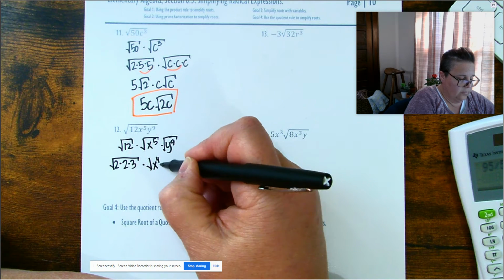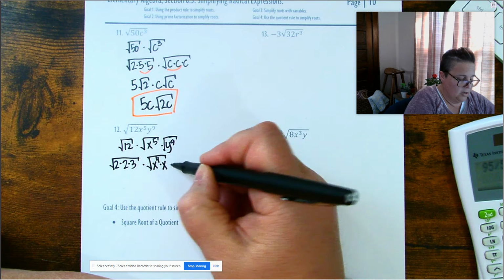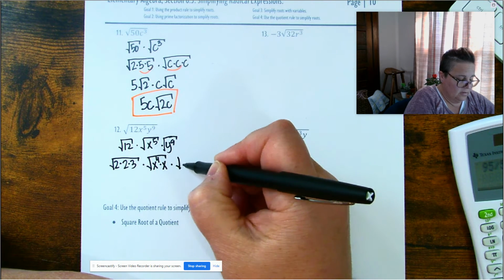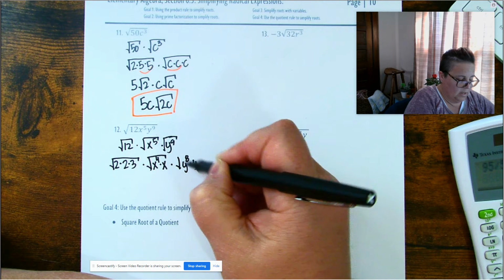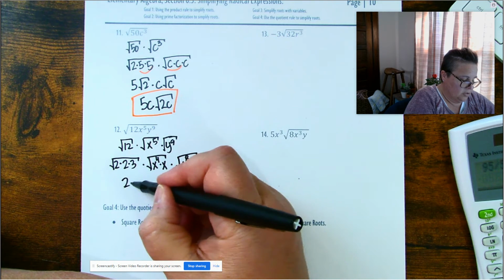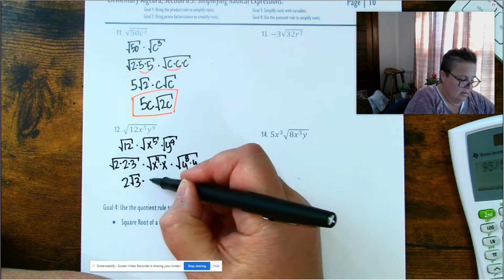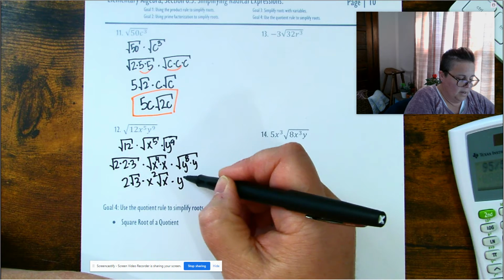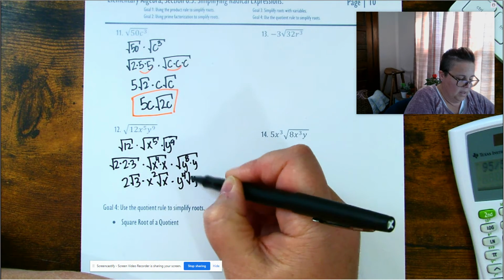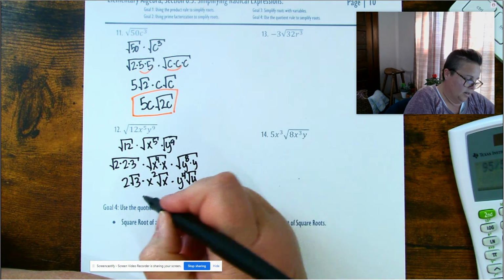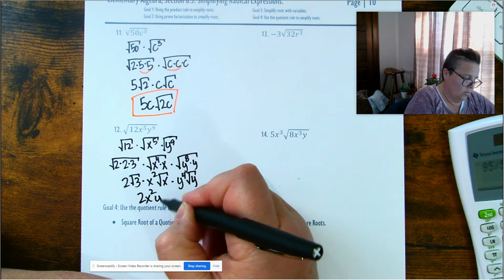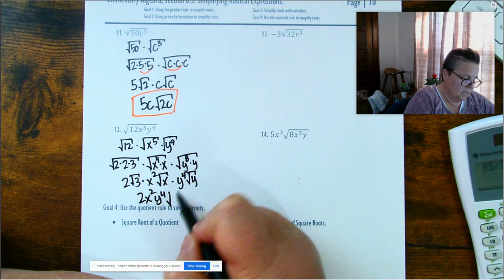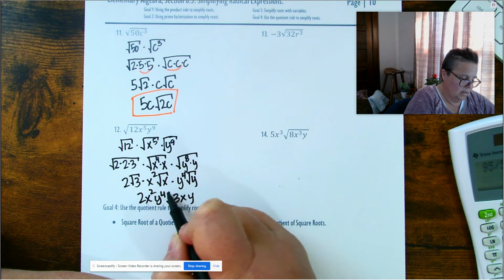That would be an x to the 4th times x if I wanted. Y to the 9th, since it's a square root, I need evens. That's going to be a y to the 8th times y. So this will be a 2 square root 3 times an x squared square root x times a y to the 4th square root y, or 2x squared y to the 4th times the square root, everything underneath can get combined, 3xy.